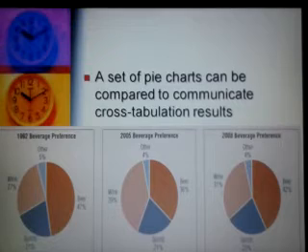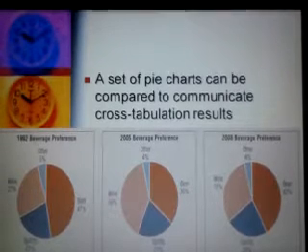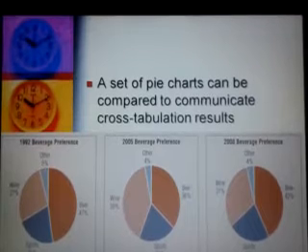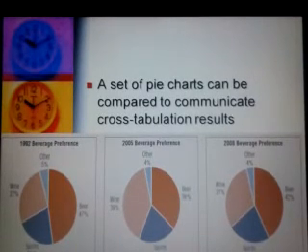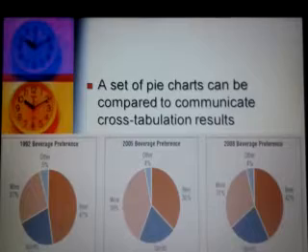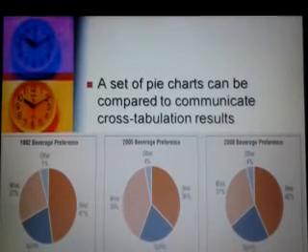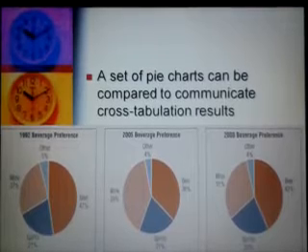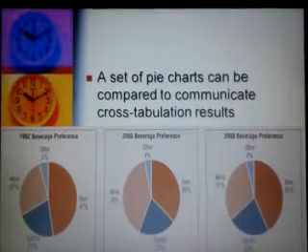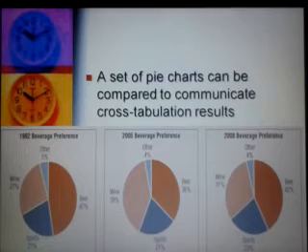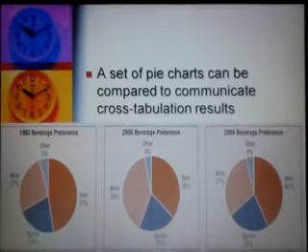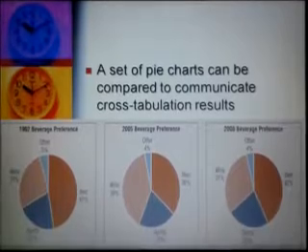For wine, in 1992 it was 27%, in 2005 it was 39%, and in 2018, sorry, it was not 18, it was 2008, it was 31%. So simultaneously we can compare the frequency and percentage distribution using pie charts. This is actually what we do using cross tabulation.